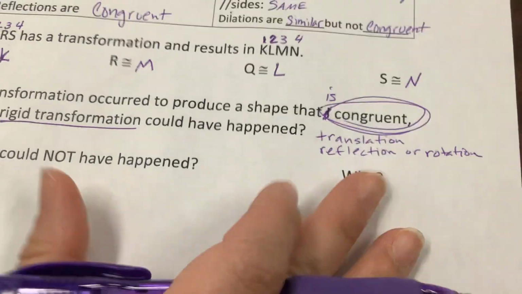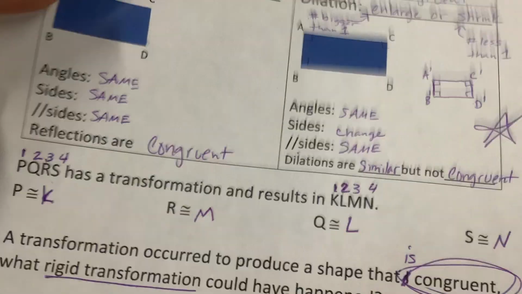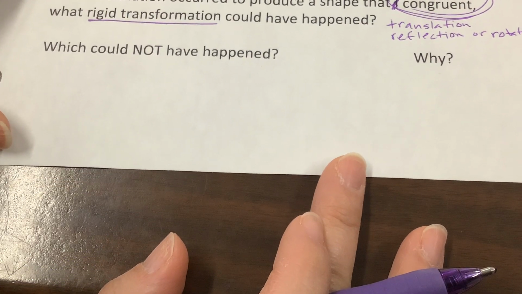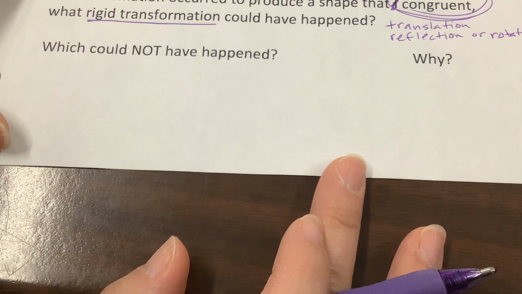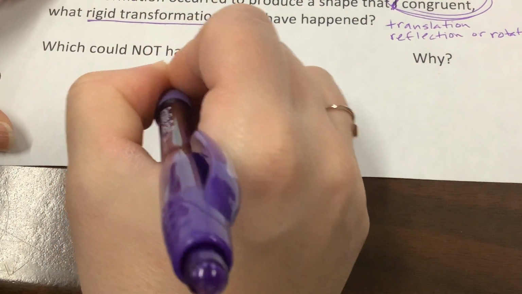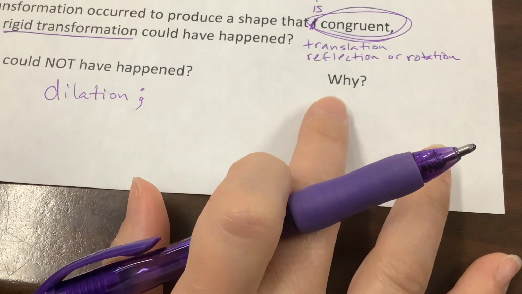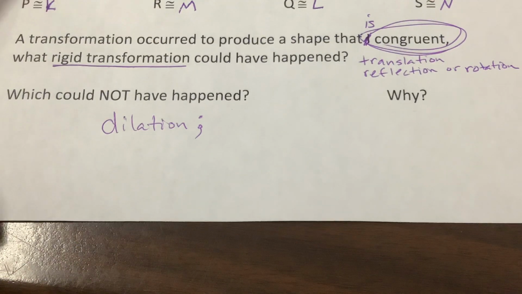Okay? But this last question says, which one could not have happened? Which one's the only one that couldn't have happened if it stays congruent? Dilation. And now they're asking us why. Why is it that the dilation could not have happened?